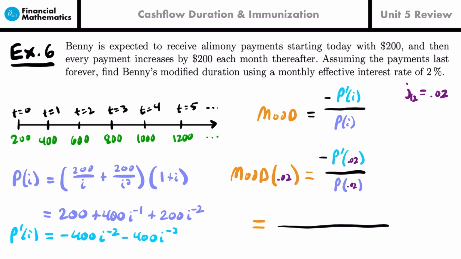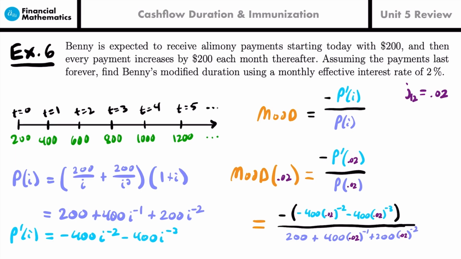We'll have negative 400 times 0.02 to the power of -2 minus 400 times 0.02 to the power of -3. That takes care of the first derivative. And then in the denominator, we have the original present value function. So 200 plus 400 times 0.02 to the power of -1 plus 200 times 0.02 to the power of -2.